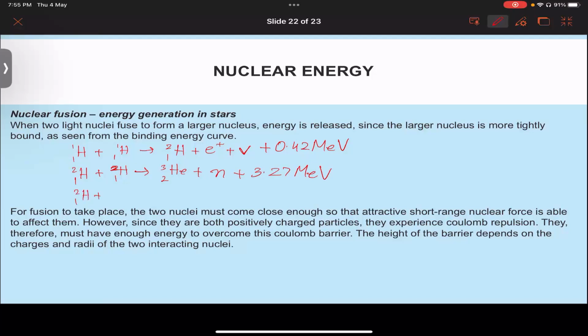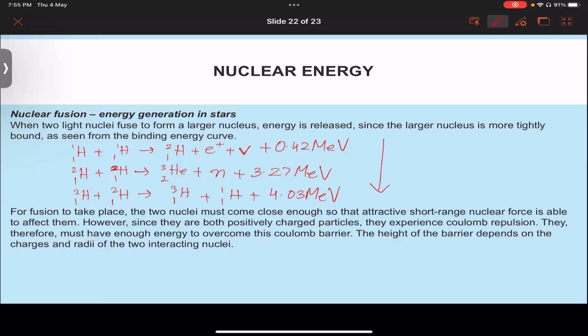Another reaction that can happen is two deuterium nuclei coming together, forming tritium plus one hydrogen, and giving out energy. You can see that the energy increases as per the different reactions that you have.